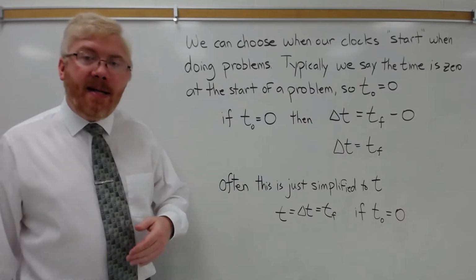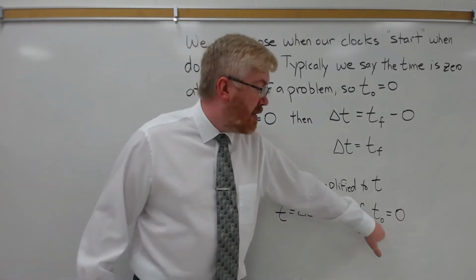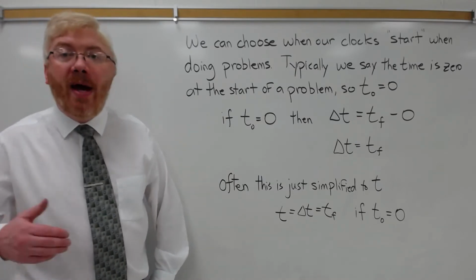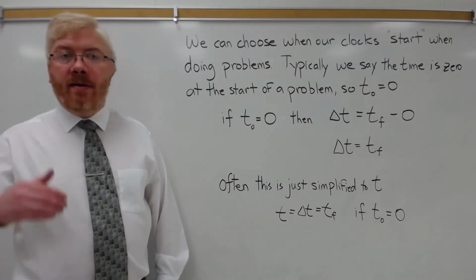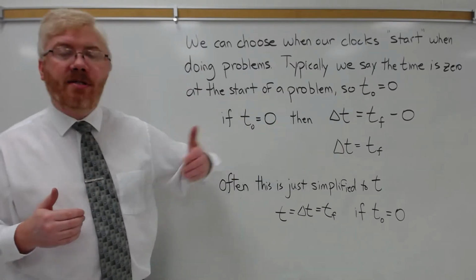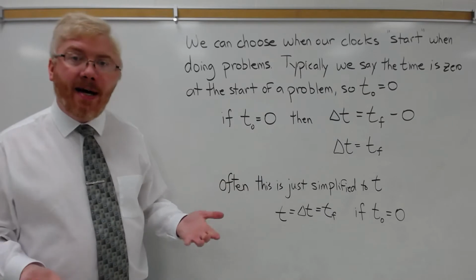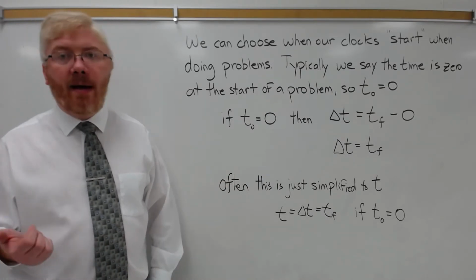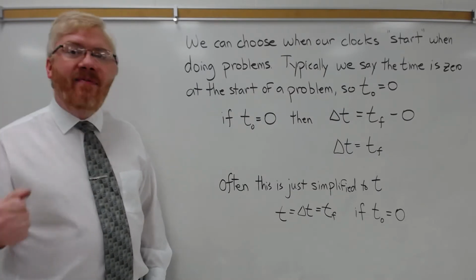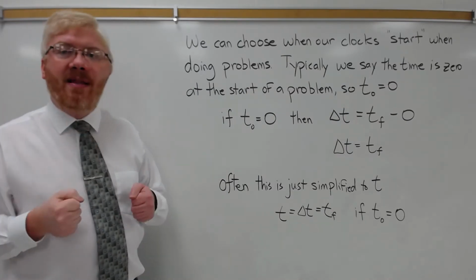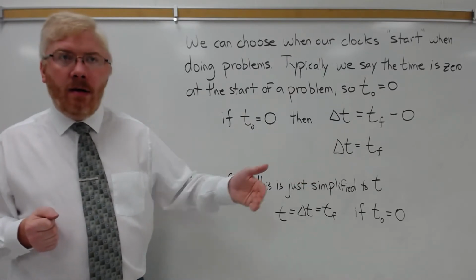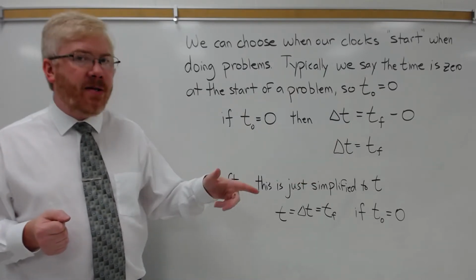But it only means the elapsed time if the start time is 0. So if you have a problem where there's a drag race and at the light, the cars take off and travel at some speed or some acceleration for some amount of time, you can say, well, the start time was when the light turned green. That's t equals 0. If I give you a problem where I'm sitting at a red light for 4 seconds before I start moving, well, then maybe the time isn't 0 when I start moving.